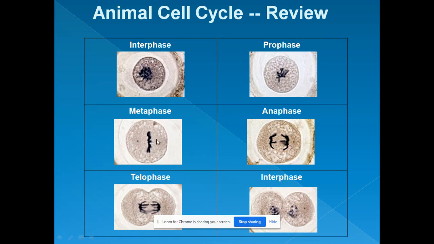The metaphase, when the chromosomes are aligned in the middle. Here are the 2 centrioles that are connected to the centromere of the chromosomes. Then anaphase, when it drags the chromatid sister to one side and the chromatid sister to the other side, so we can make 2 different cells in the future.